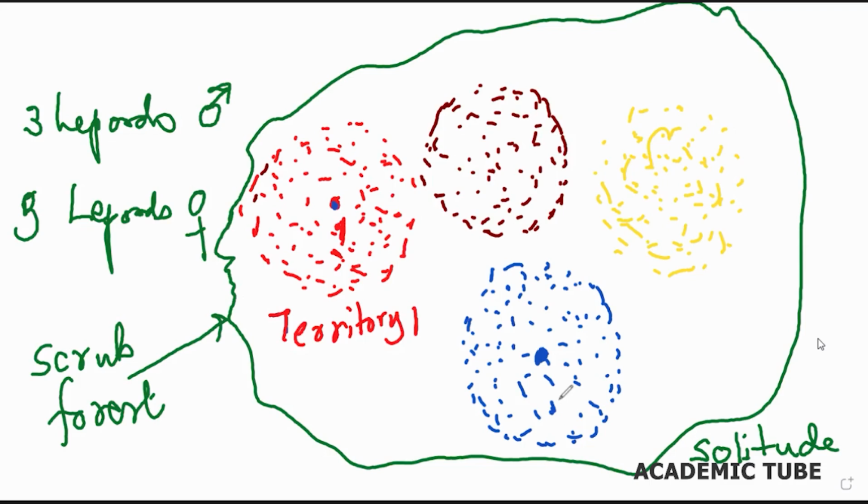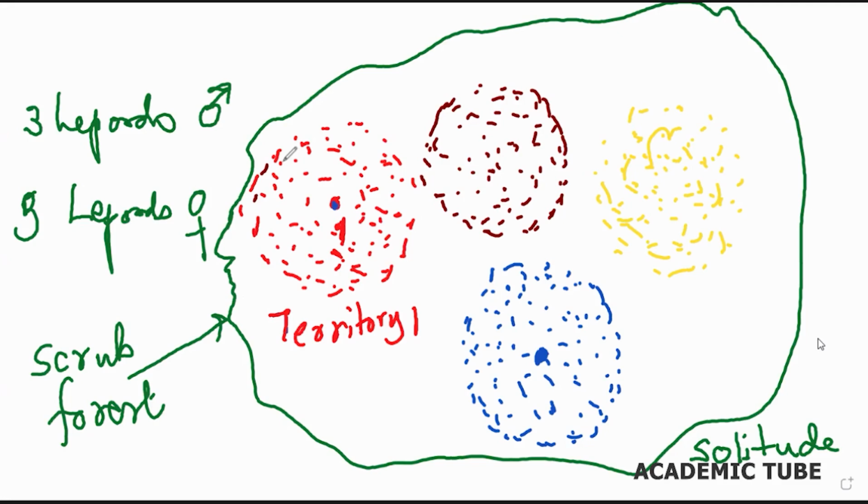Territory, Vasama. Usually, a territory of one individual is not invaded by another individual. If that happens, a kind of fight ensues. That is not good for both animals. Now, the red one is usually seen in the entire area.